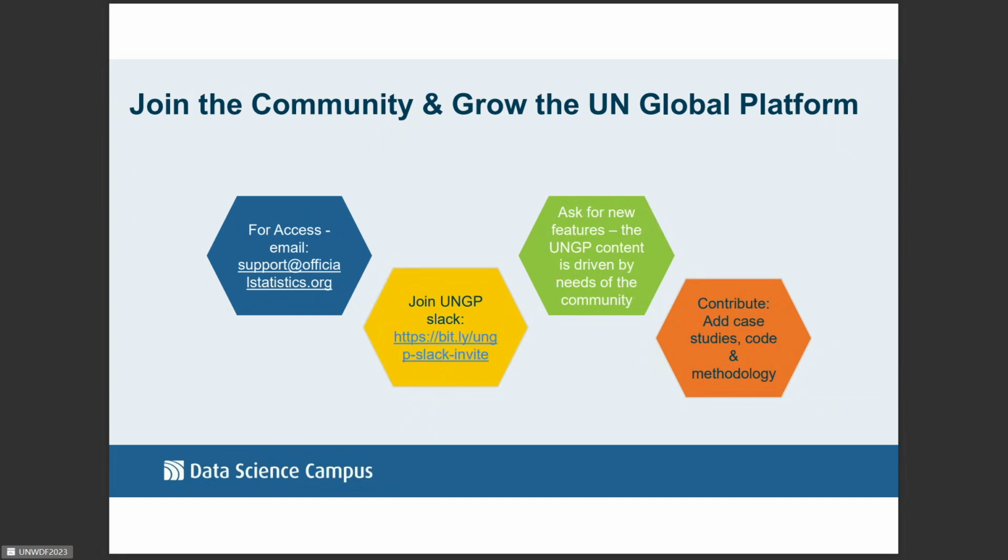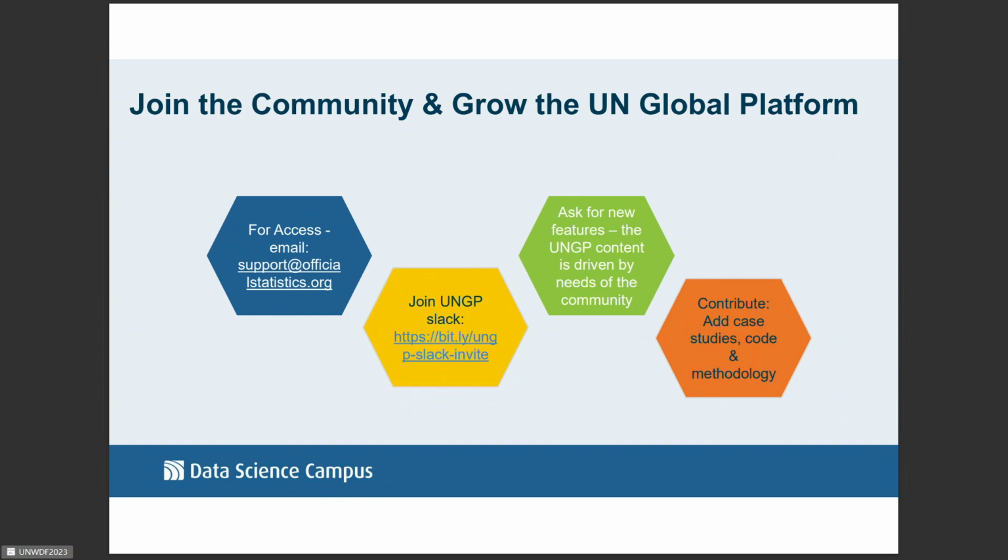So how do you join this UN Global Platform? For access, you need to email support@officialstatistics.org, and the email address is there. There's also a Slack channel for this, or a Slack site for this. So there's a link there if anyone is interested in joining this community. The UN Global Platform is driven by the needs of the community.